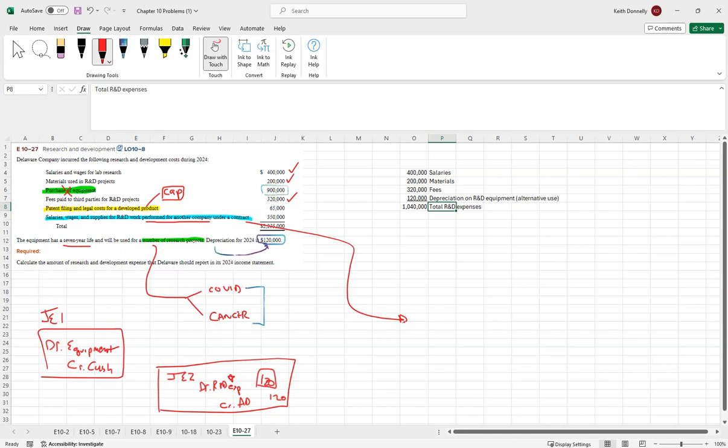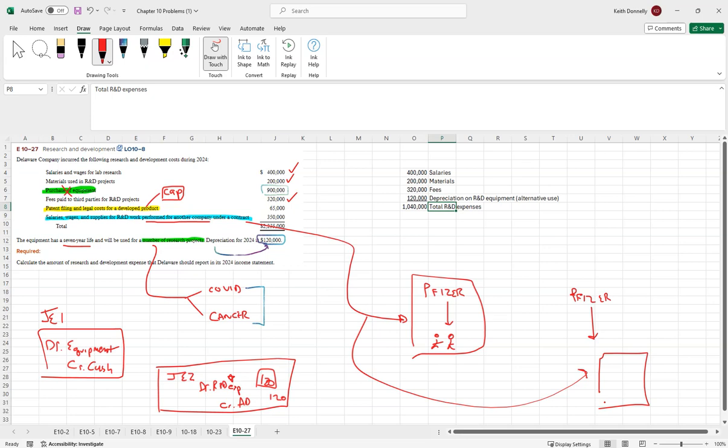And then this one right here, the blue one, is like when we had the PowerPoint and we said, okay, we're not working directly for Pfizer, as an employee of Pfizer. Instead, Pfizer hires us, a whole separate company, a new company, to do the R&D.